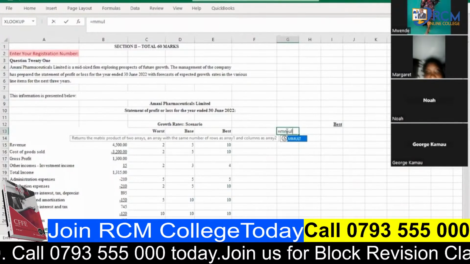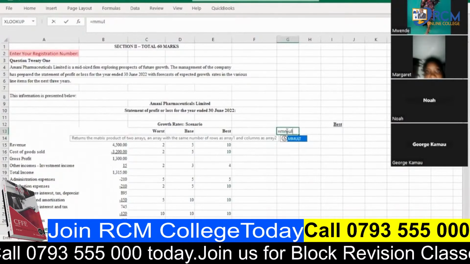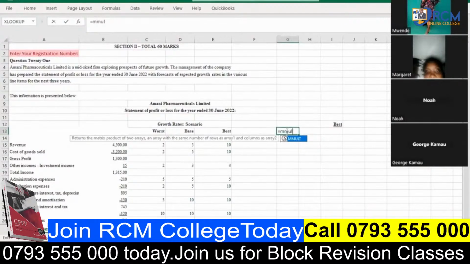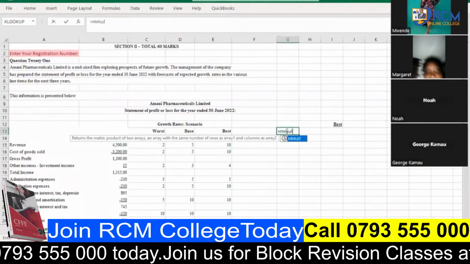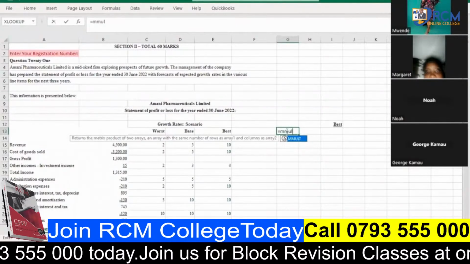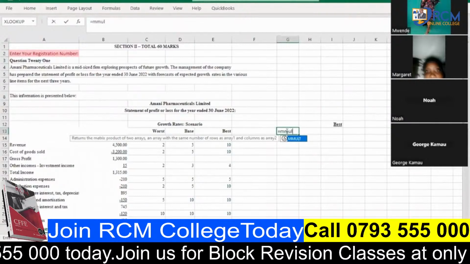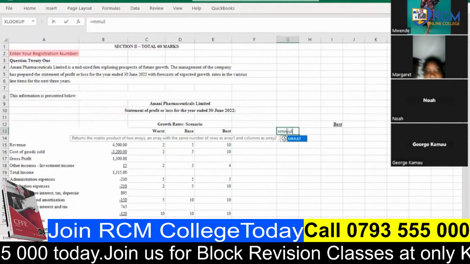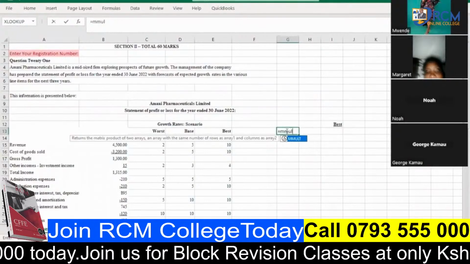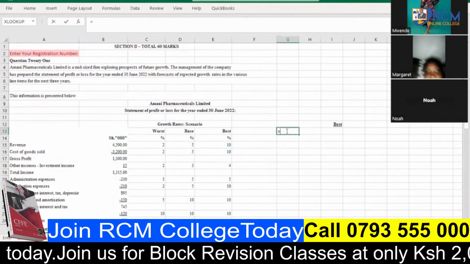So that is matrix multiple is an array function. So that one automatically qualifies to be the correct answer.